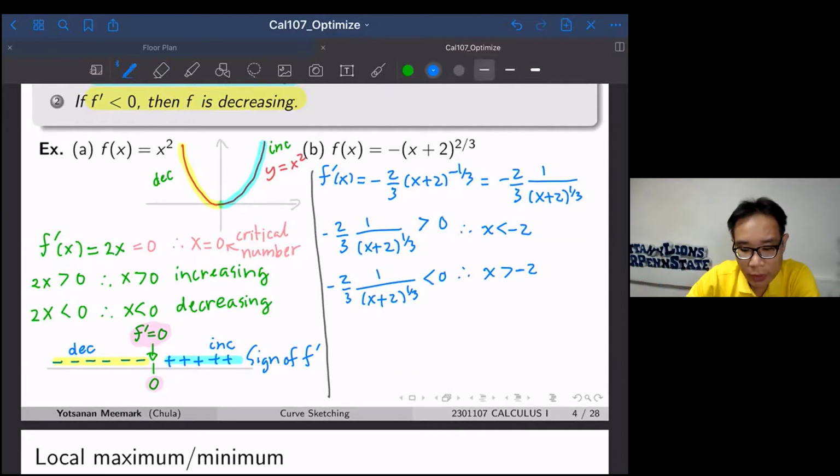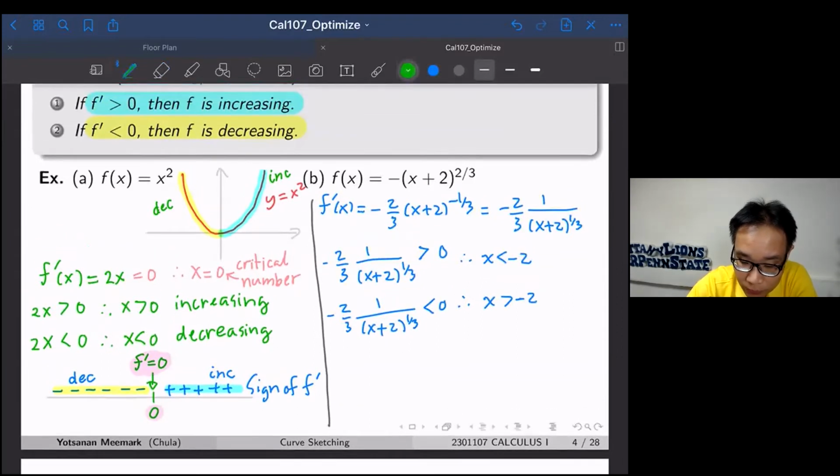In this case, you see that at x equal to negative 2, f prime does not exist. So f prime of negative 2 is undefined.